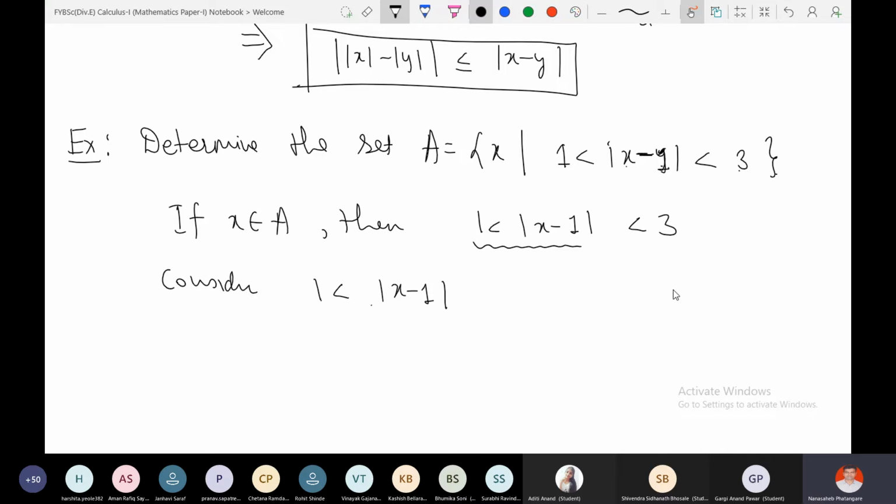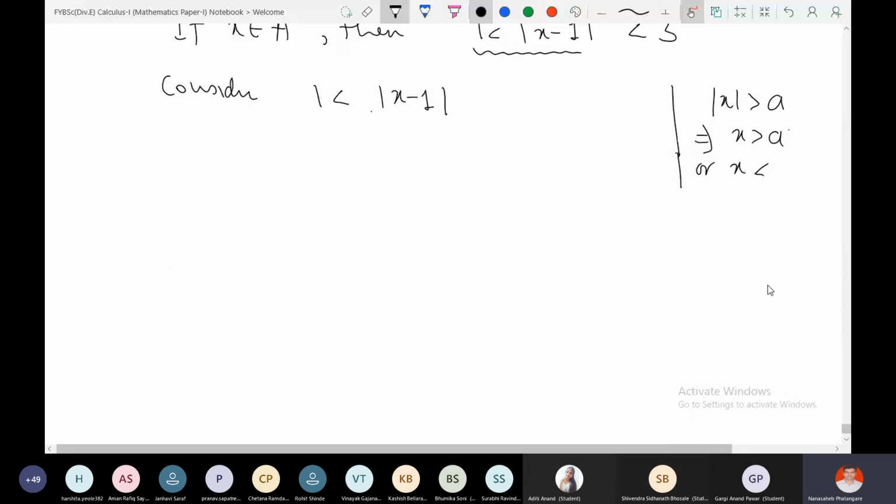What does it mean? Okay, recall this. Absolute value of x is greater than a or greater than or equal to a. What does it say? If you remember previous properties, if absolute value of x is greater than a, then x is greater than a or x is less than minus a, if a is positive. For example, try to understand for a simple case.